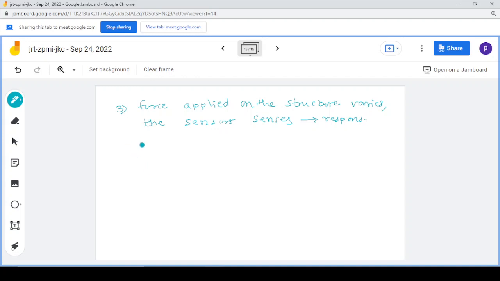Then what is the next thing to do? Once the sensor senses the response, the controller receives the signal and transmits the signal to the control actuator.